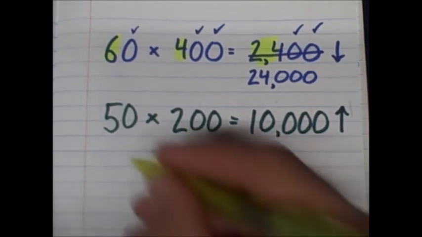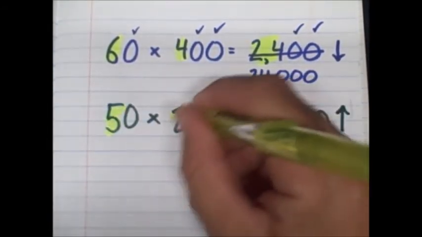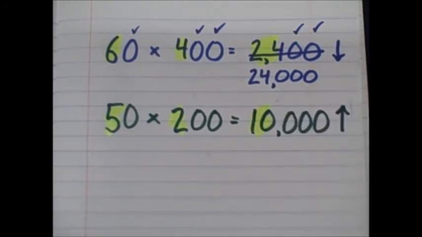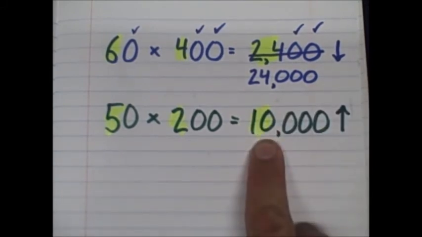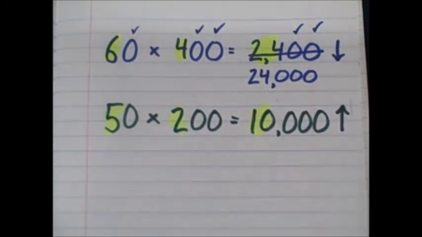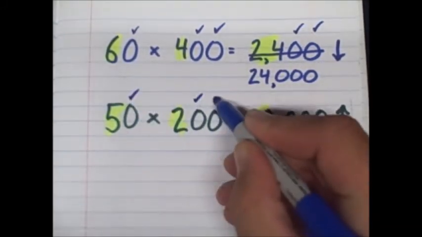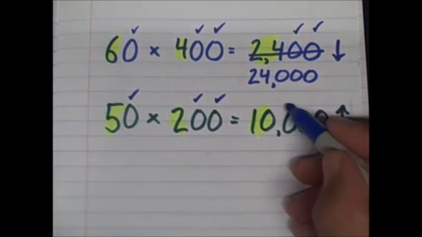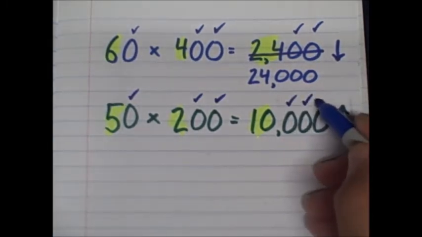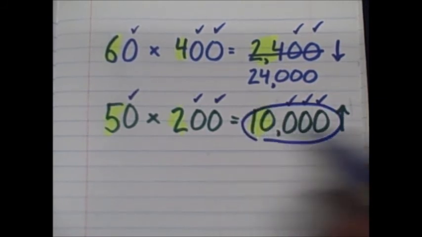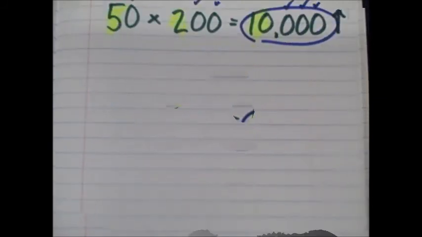And it is correct because my basic fact, 5 times 2, does equal 10. And yes, that has a 0 in it already. But if I look at any of my digits that I did not highlight, I have 1, 2, 3, and I need to have the same in my product, 1, 2, 3. 10,000 is the correct answer.